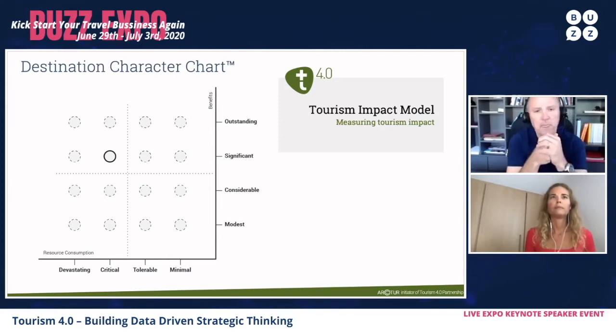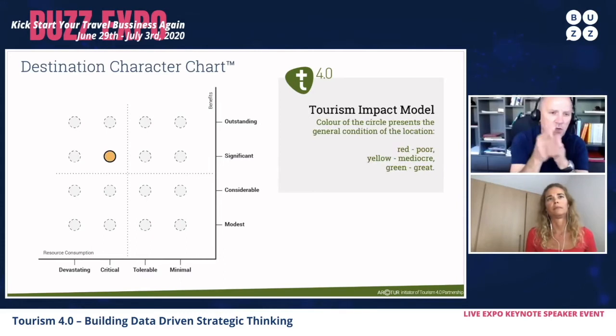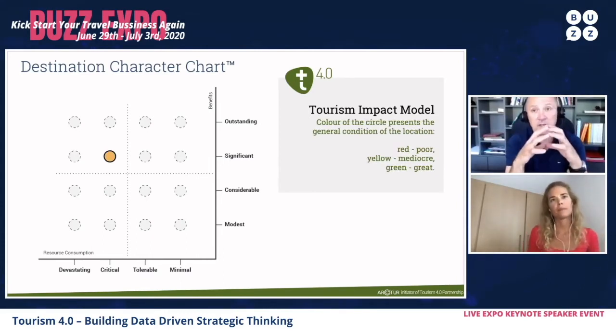For example, let's imagine we ended up in this position: significant benefits and critical resource consumption. And the current state of this destination is yellow, so it's not really good, which would be green, and it's not bad, which is red.